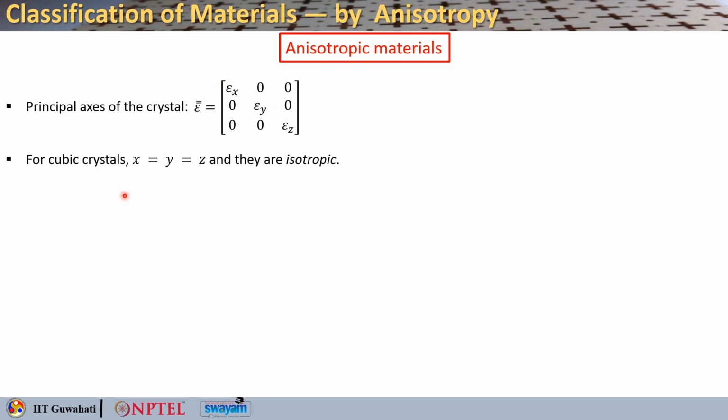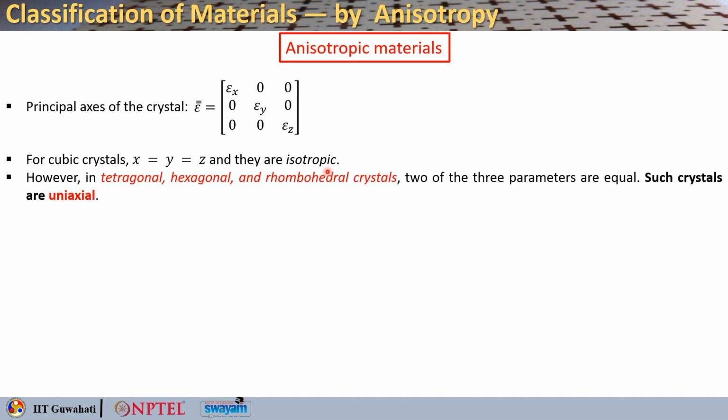So, if you take a cubic crystal where x, y and z are all equal, that means epsilon x, epsilon y and epsilon z will be equal, and that becomes isotropic, okay. However, if you go for other types of crystals like tetragonal, hexagonal or rhombohedral, 2 out of 3 parameters will be equal. So, any 2 will be equal, the third one will be different. Those kinds of crystals are called uniaxial crystals, okay.